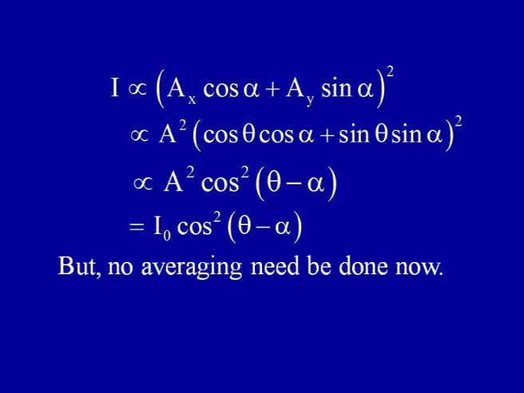So, it is proportional to A square times cos square of theta minus alpha. Therefore, the intensity I is equal to I naught times cos square of theta minus alpha.